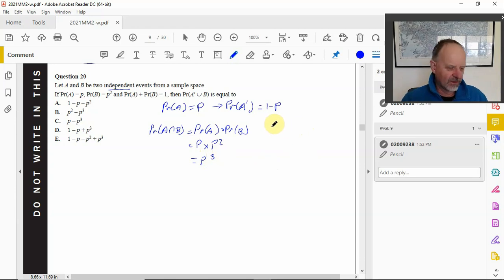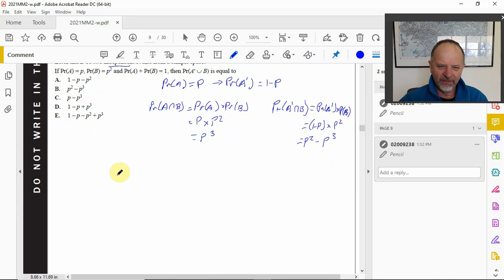And if we're looking at the probability of A dashed intersection with B, then because they're independent, that would be the probability of A dashed times the probability of B, which of course is 1 minus p times p squared, which is then p squared minus p cubed. Now, why have I done that?